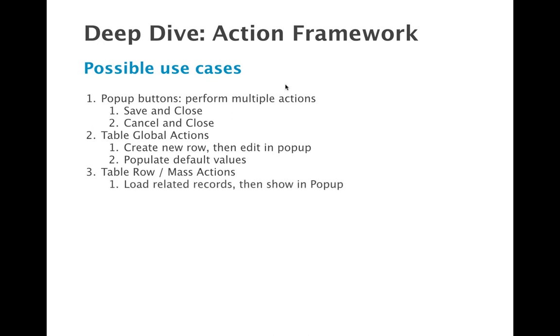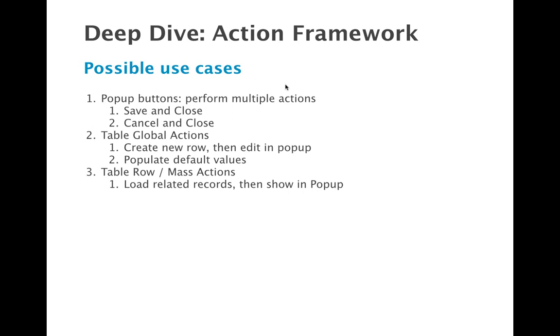In table row actions and mass actions, as well as now in queue actions, a very powerful possible use case is to load related records into Skuid and then show those in a pop-up or with queues in another part of the screen.